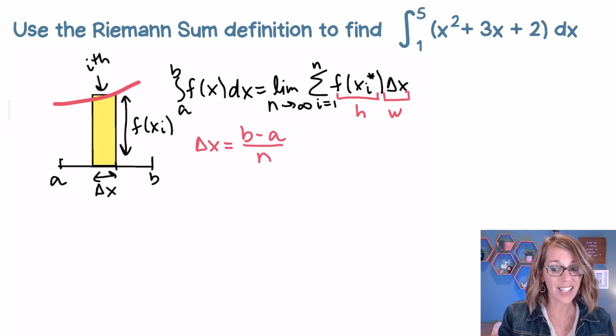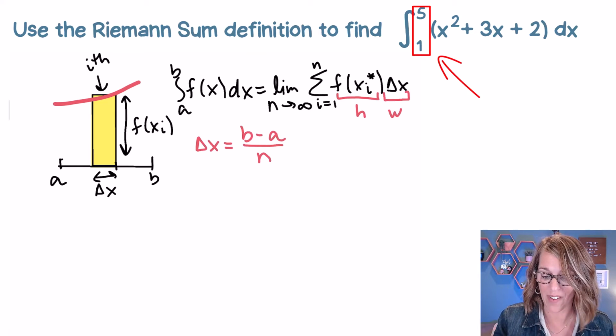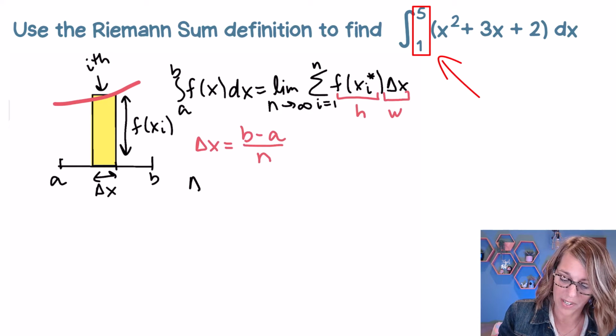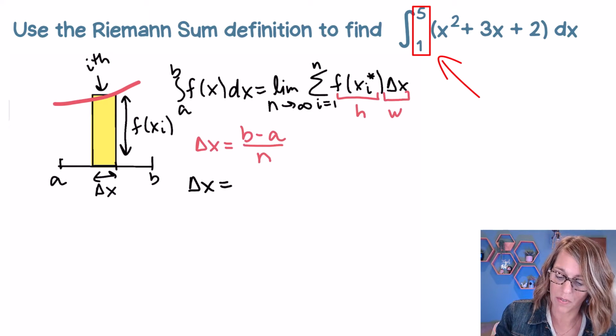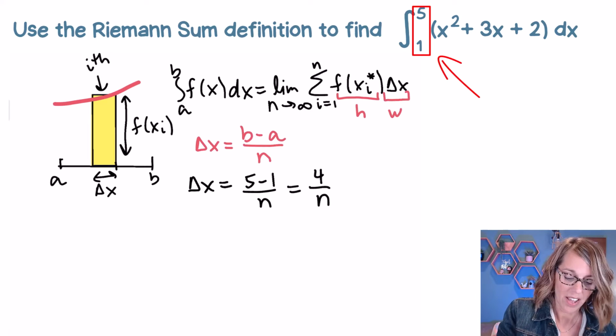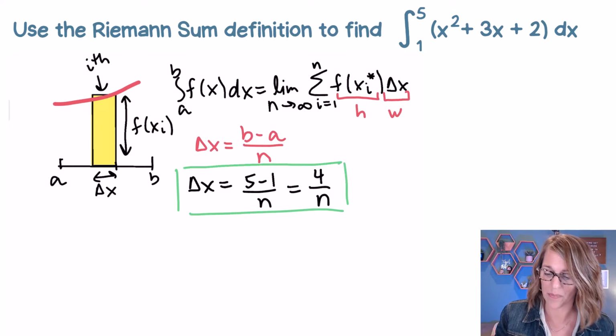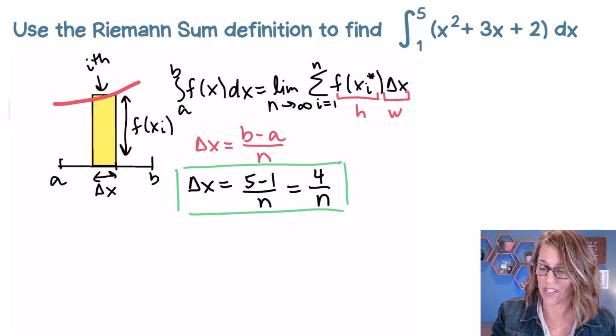For our particular problem, a is equal to 1 and b is equal to 5. So for our problem, delta x is equal to 5 minus 1 divided by n, which is equal to 4 over n. I'm going to put a box around that so we can come back to that value. So we've taken care of delta x.